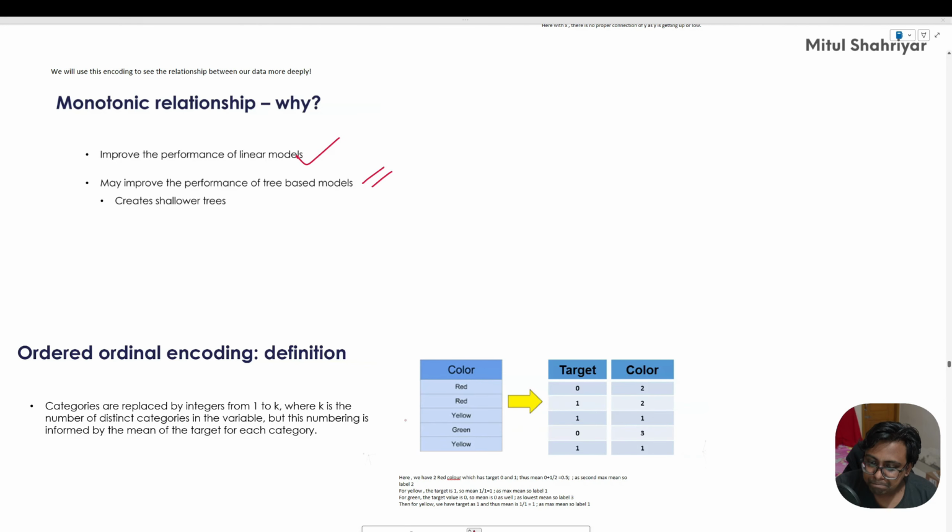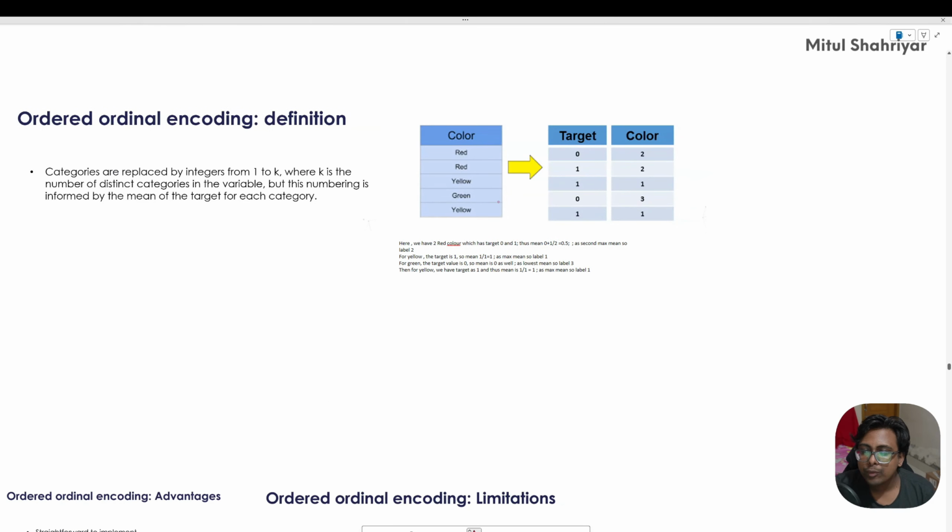Here you can see we have some strings: red, yellow, green, and so on. Red appears two times, and assume that this is our y and this is our x, and our goal is to get x prime, making a change to the x column. For red, you can see the target has both 0 and 1, right? Just assume that we can write them like this.